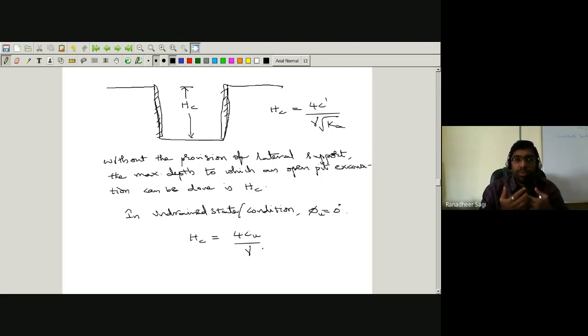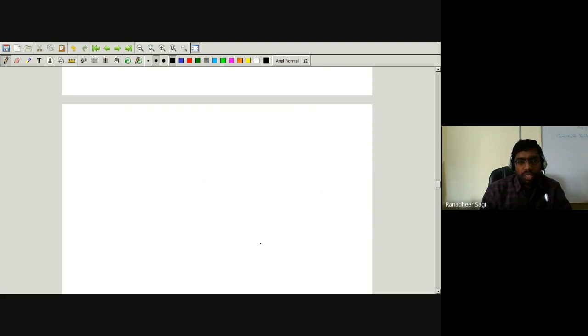That is, the maximum height to which you can have that excavation done or that slope constructed without providing any kind of lateral restraining support. That's the case we are looking at here. Even in slope stability analysis, I discussed the depth of the tension crack also. The same expression we have represented earlier is what we derived in our previous class.